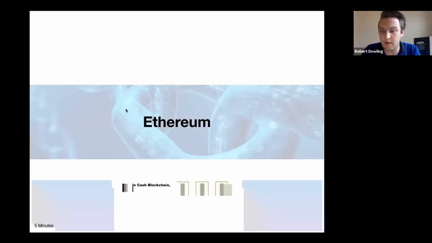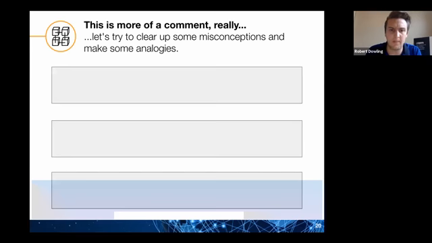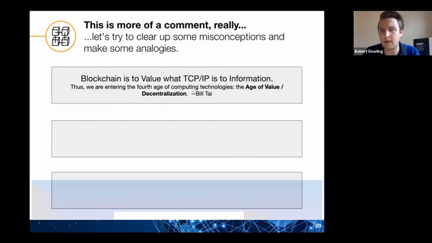So what is Ethereum, and why are we talking about Bitcoin with respect to Ethereum? Well, blockchain's a really interesting technology in general. Bill Tai, who's an early blockchain adopter, but whose Silicon Valley experience goes all the way back to the semiconductor world, says that blockchain is to value what the IP system for exchanging information over the internet is for information.